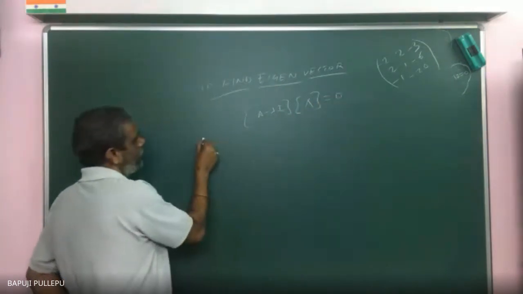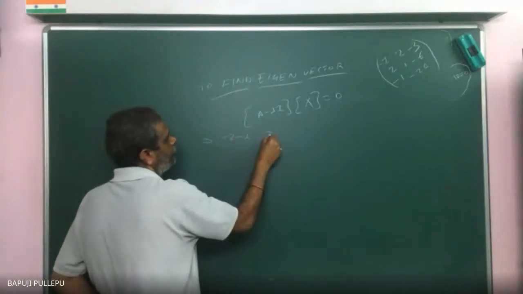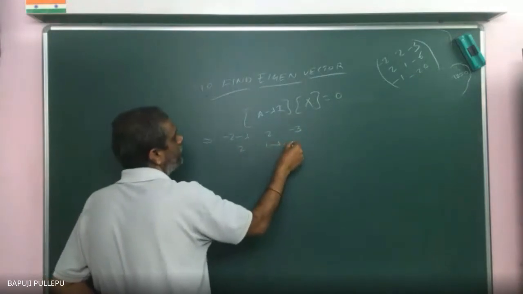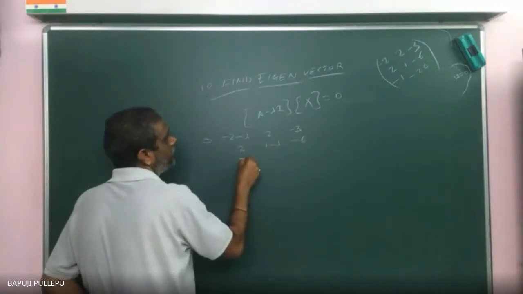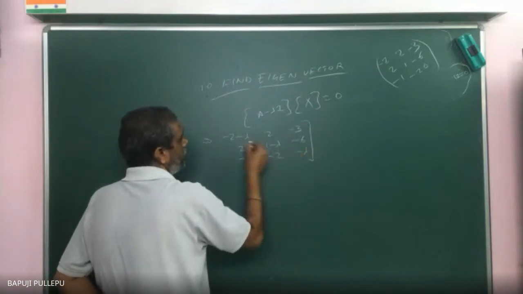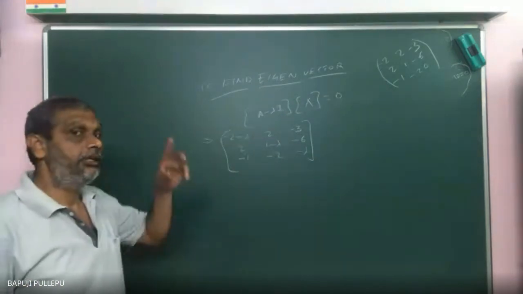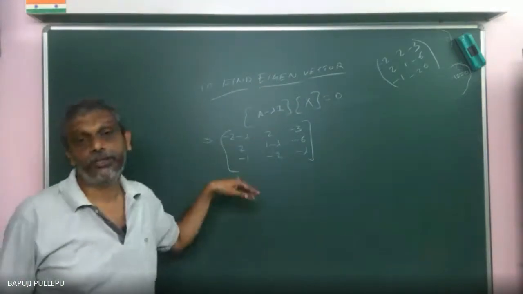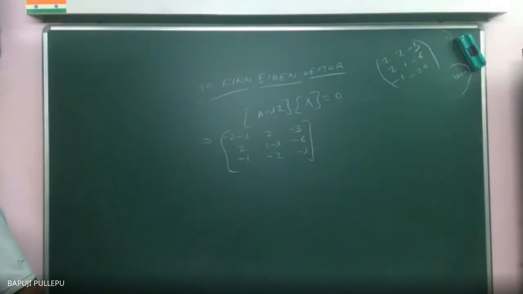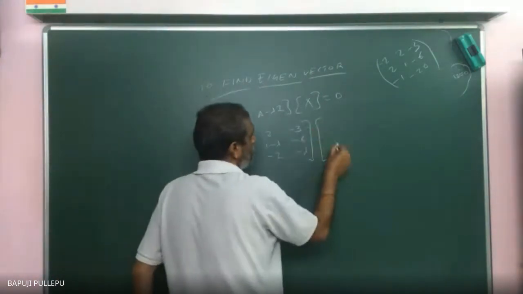That is, the matrix with rows: minus 2 minus lambda, 2, minus 3; 2, 1 minus lambda, minus 6; minus 1, minus 2, minus lambda. This is the matrix, not the determinant. For finding the characteristic equation you use the determinant, but this is a matrix, so don't confuse. Now how can I write capital X?